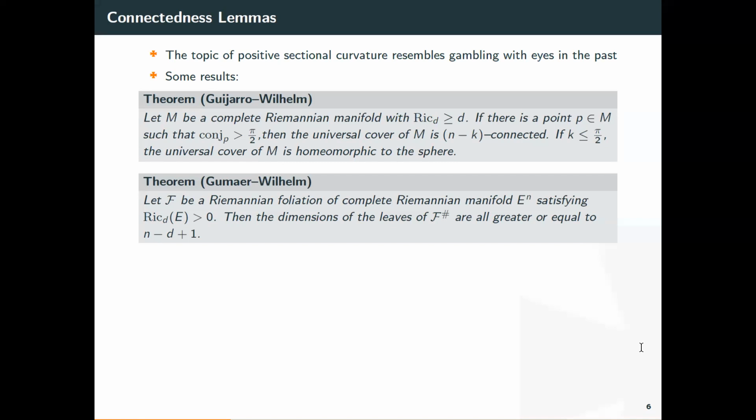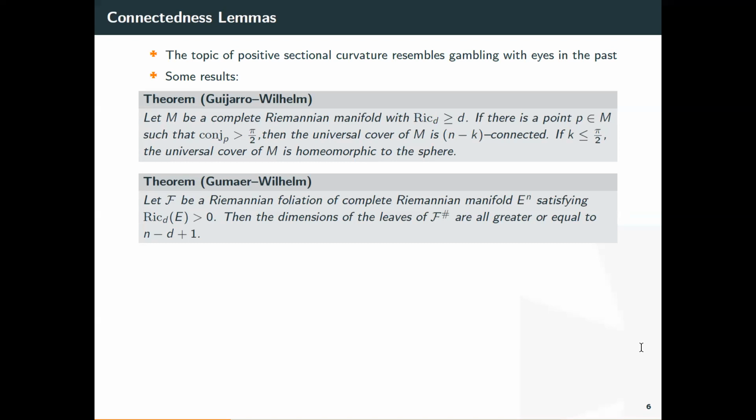And the point here is that Ricci intermediate curvature is telling us that the dimensions of the leaves are bounded from below by the quantity n minus d plus 1, where d is the Ricci intermediate curvature notion.